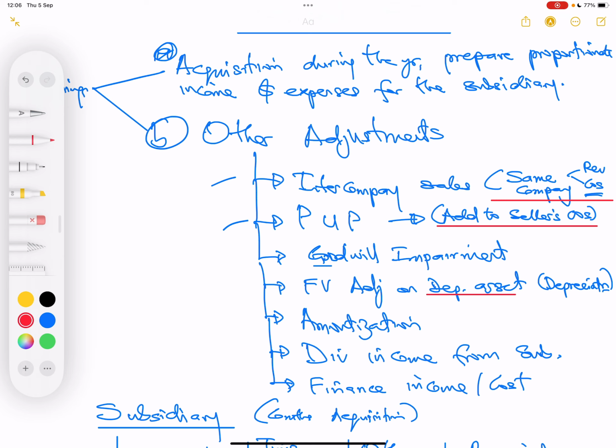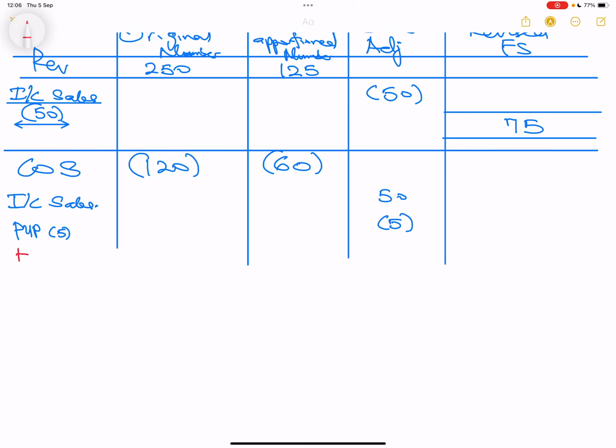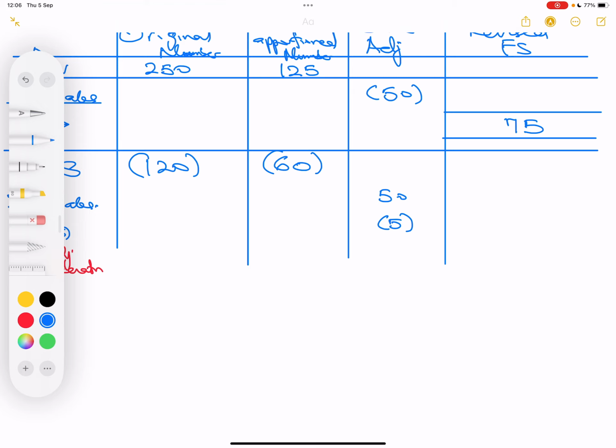Remember, in the financial position, we usually add that fair value and we deduct depreciation from it. The impact is also in the statement of profit or loss, and in that case, the excess depreciation must be debited to cost of sales of the subsidiary. So we're going to have fair value adjustments, and this is the depreciation part of it. So we need to add that. Let's say that is, take for instance 2, that's going to be added.